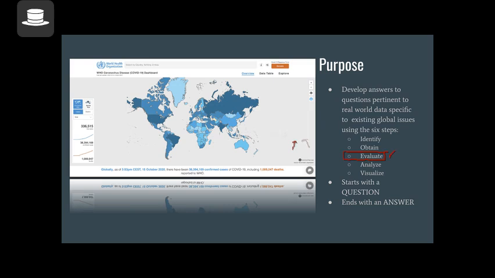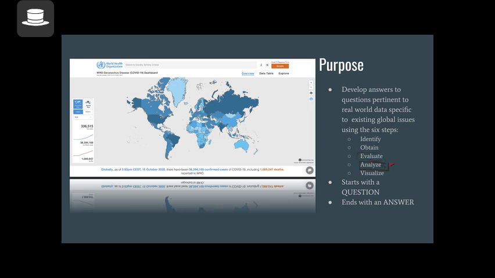So you have a question, you identify sources of the data sets to answer the question, then you obtain the data set, and then on your computer you evaluate the data set, the credibility, the source, everything else about the data set, and then start working on it. And that's the analyze part. In the analyze part, you learn the skills specific to summarizing data and to running different kinds of analysis to answer questions. Those skills are specific to this particular step.